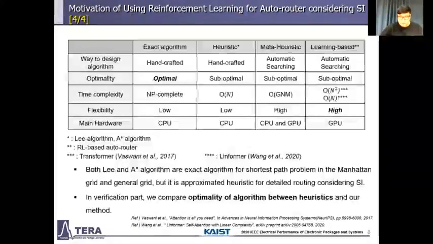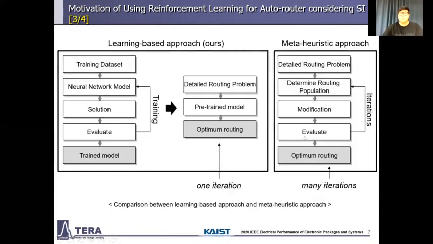The main fact that I want to say here is the flexibility of the learning-based model. Changing neural network model from transformer to linear transformer is not that difficult, which means we can improve the learning-based model every single year. Also, if problem setting is slightly changed, we can retrain the model with a new evaluation function.